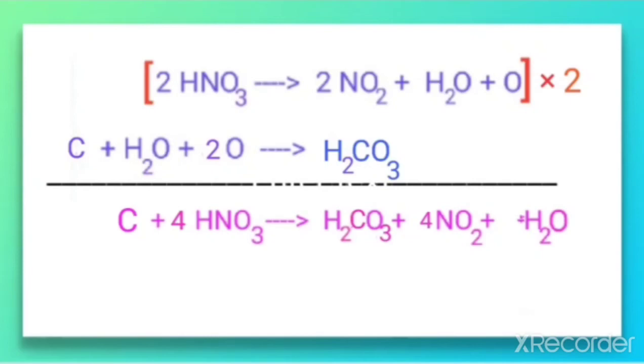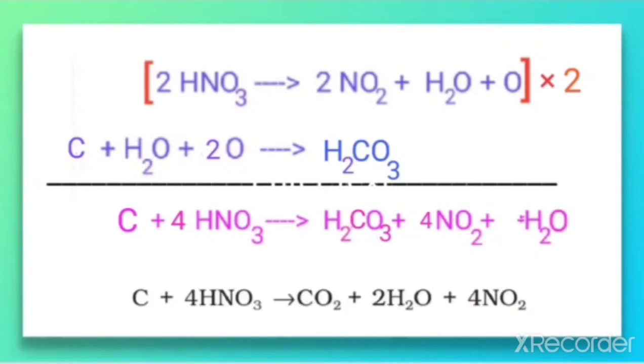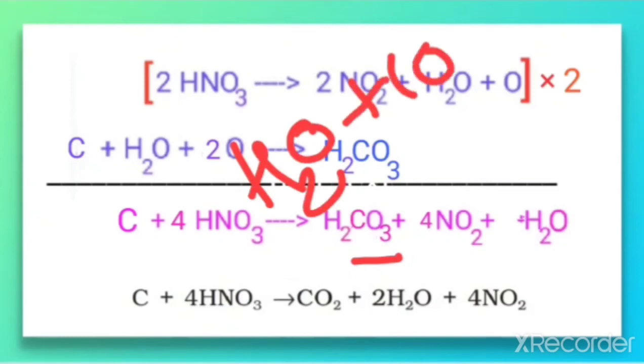But in the textbook it is given in this way. You will be wondering how CO2 comes, because there is no CO2 here, it is H2CO3. The carbonic acid H2CO3 you need to write as H2O plus CO2. In the place of H2CO3, we write H2O plus CO2.